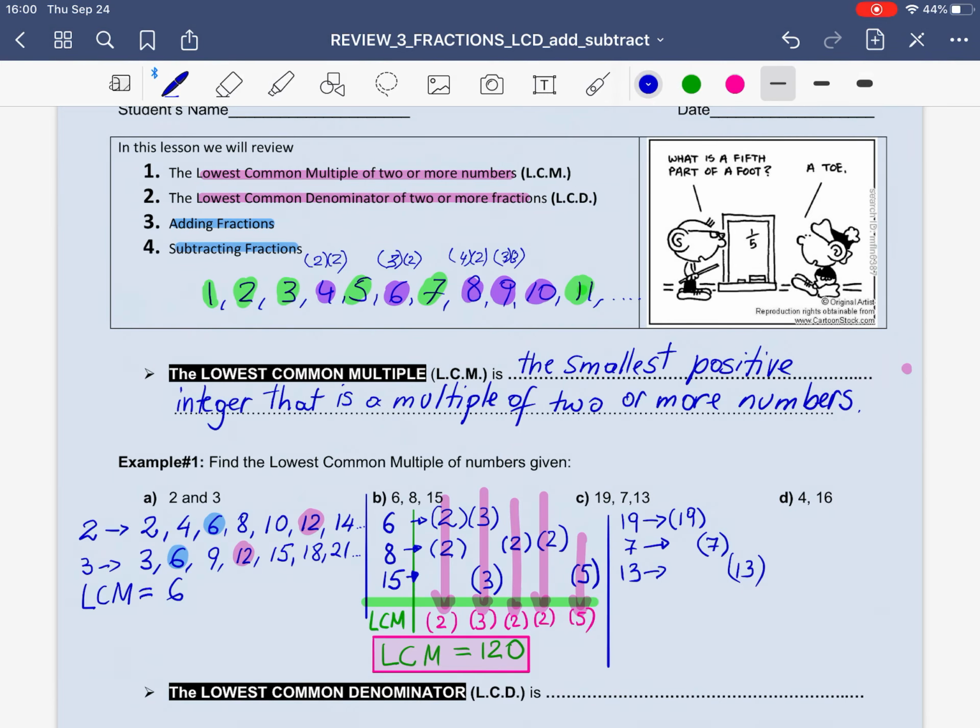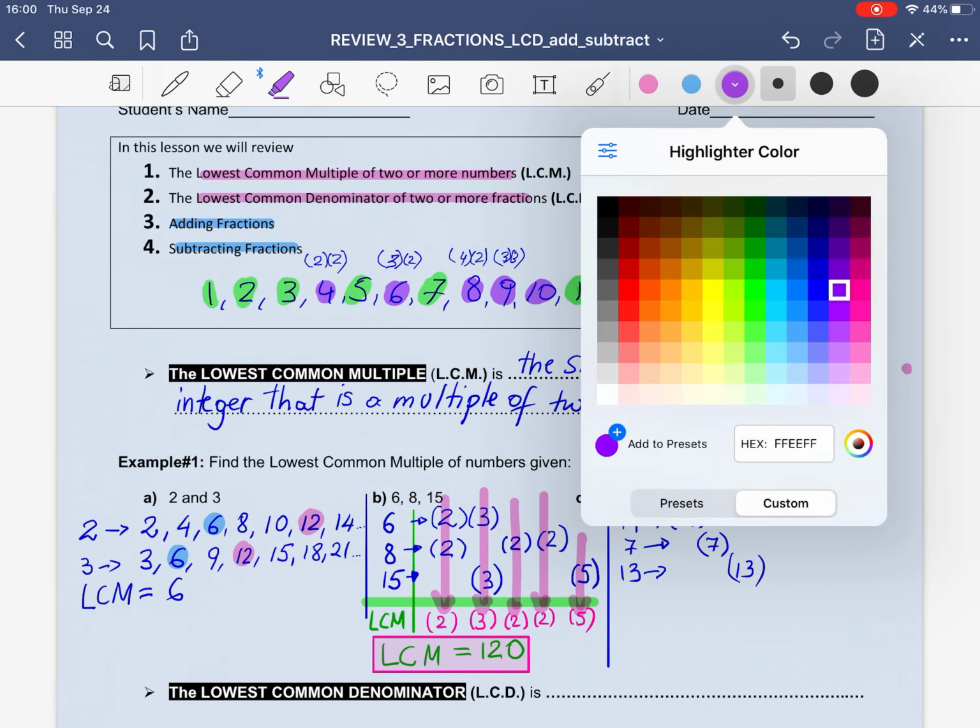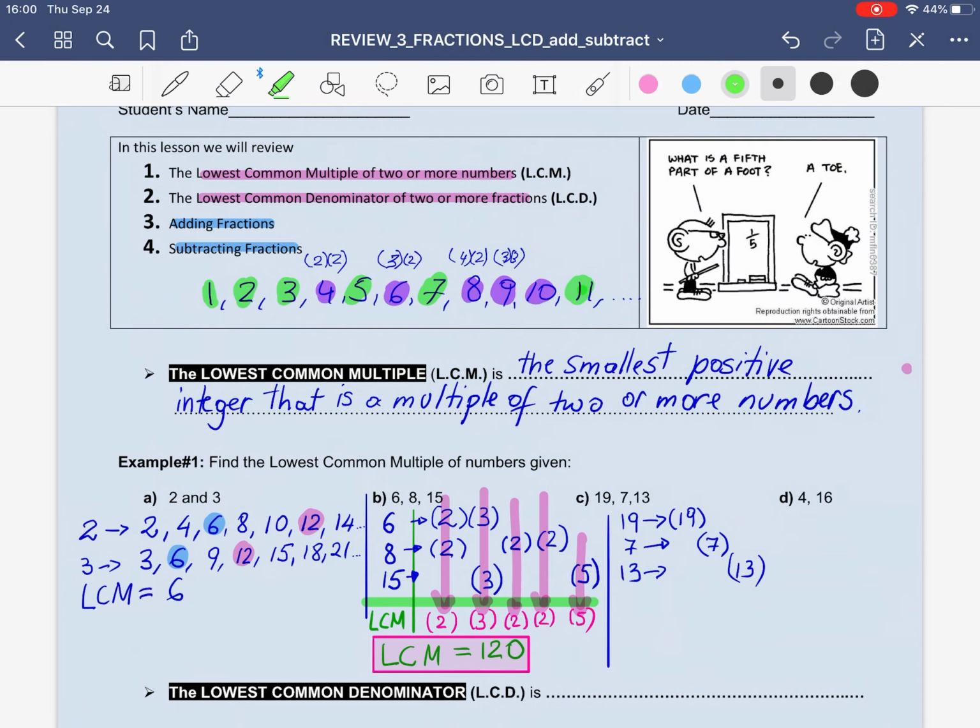So all these numbers are prime numbers, so they all have one factor that deserves a special spot. So we're going to say that for the lowest common denominator, sorry about that, I shouldn't have said that. Oh, we're not there, it's the lowest common multiple.